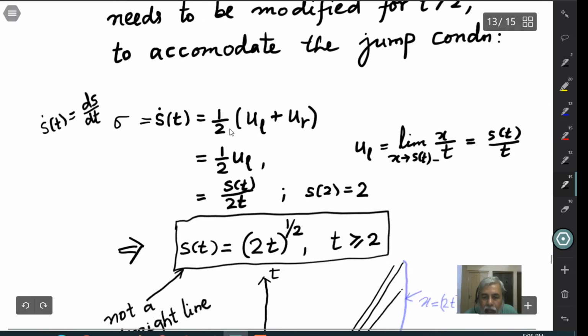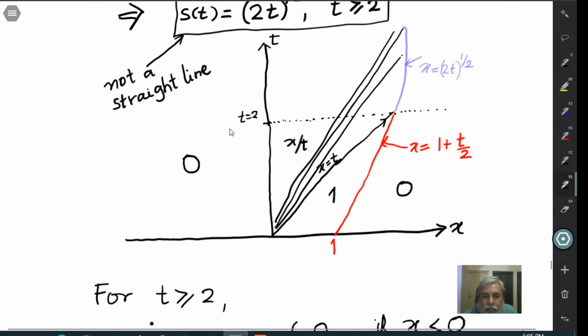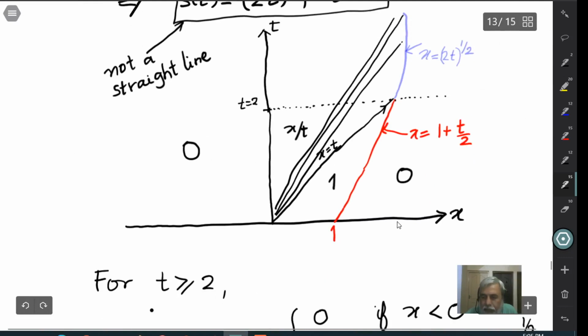And another thing we observe: initially this line x equal to 1 plus t by 2, shown in red here, the shock curve, was a straight line, but after this interaction of the rarefaction wave and this shock wave, that shock is made to bend.